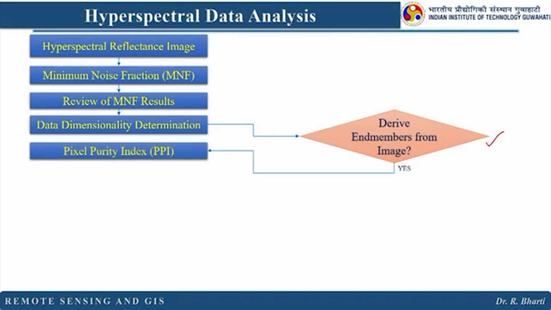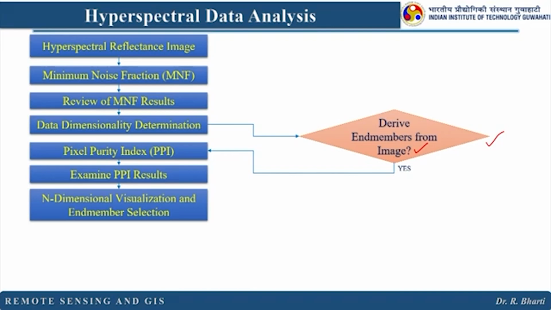So in case it is yes, you want to derive the end members from the image, then we have to run the pixel purity index. Using that we can derive the end members from this image. We will discuss this in detail, and then again we will examine this PPI result and plot everything in the n-dimensional visualizer so that we can perfectly identify the end members.